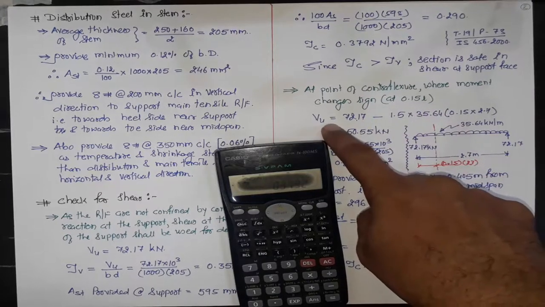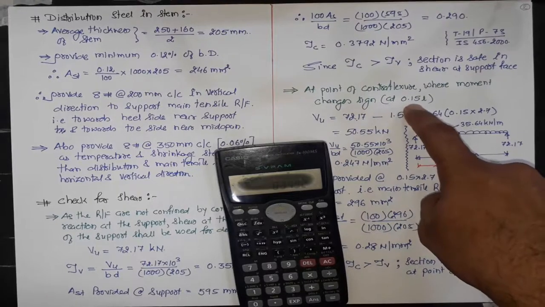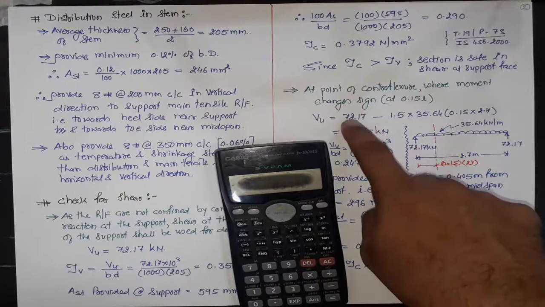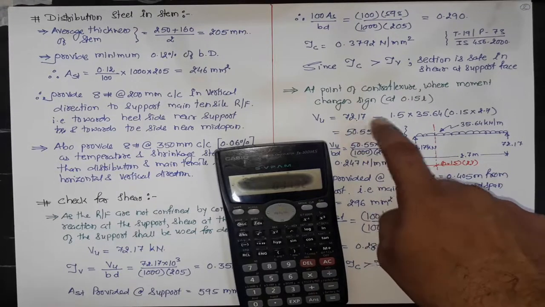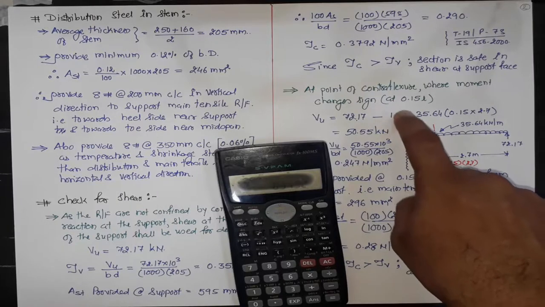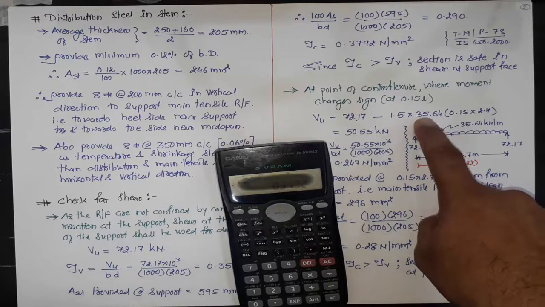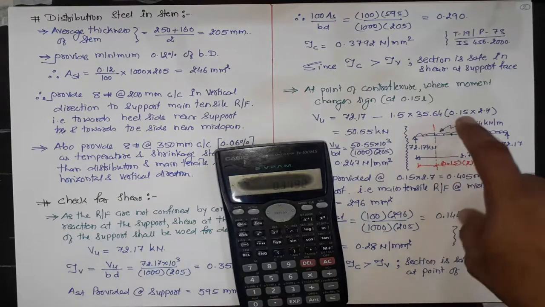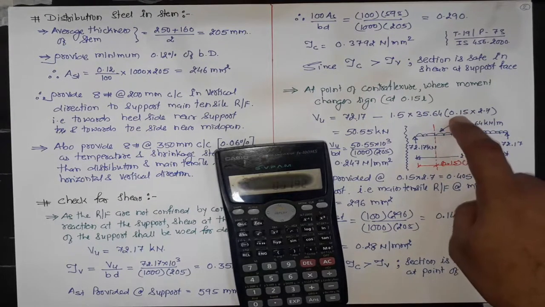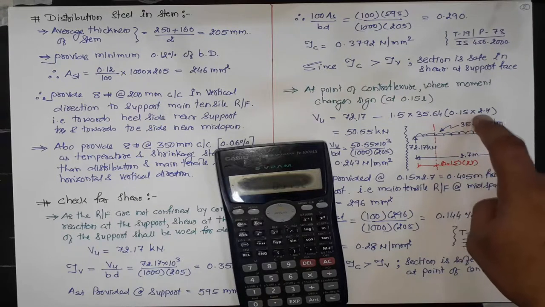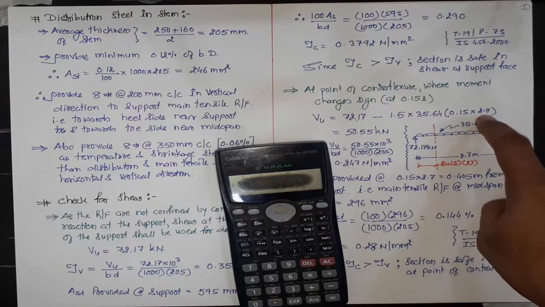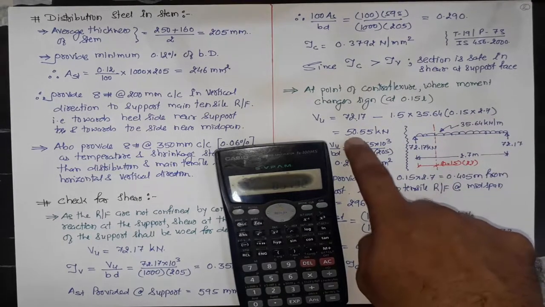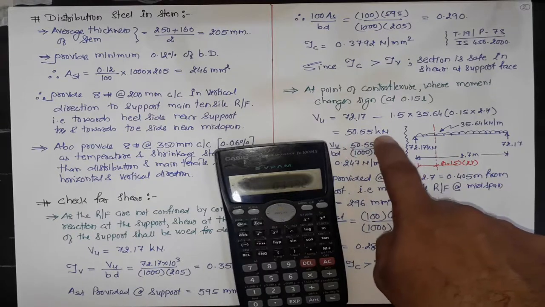Therefore, shear force Vu at a distance of 0.15 L will be equals to the support reaction 72.17 minus 1.5, the factor of safety, into 35.64 kilonewton per meter square, the loading intensity, into the distance 0.15 of 2.7. This 2.7 is the clear distance between the counterfort. The value comes out to be about 50.55 kilonewton.